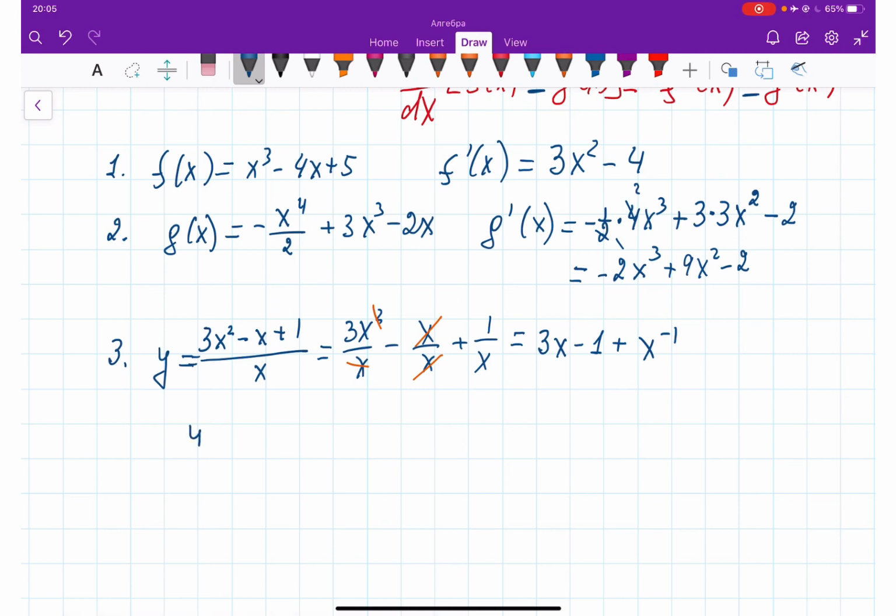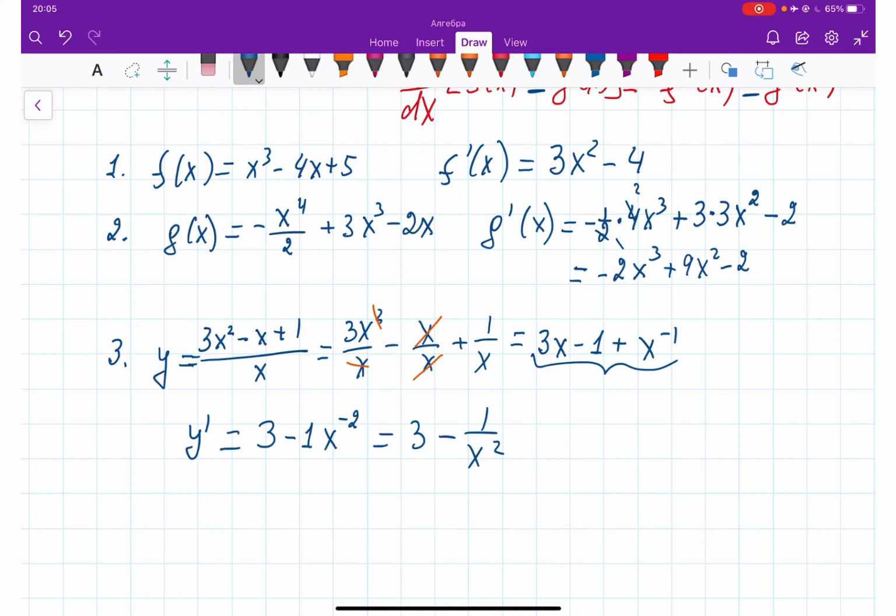So from here, y prime is going to be equal. The derivative of 3x, this piece, right? The derivative of 3x is going to be 3. The derivative of 1 is going to be gone. And for the derivative of x to negative 1, negative 1 comes in front, and x to negative 1 minus 1 is going to be negative 2. So it's going to be 3 minus 1 over x squared. Okay?